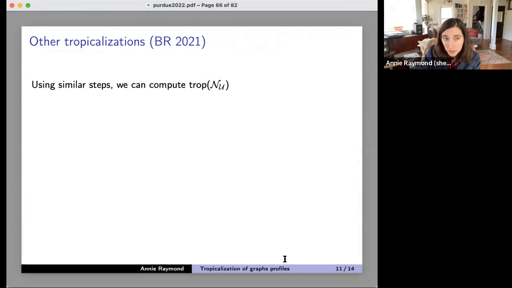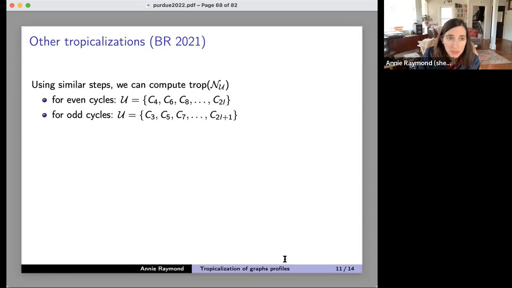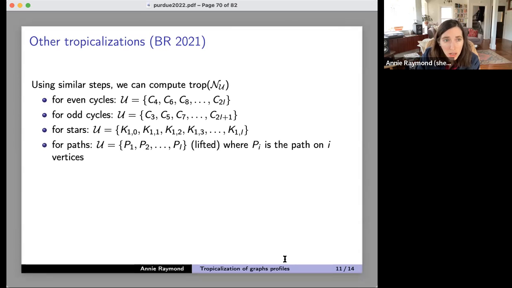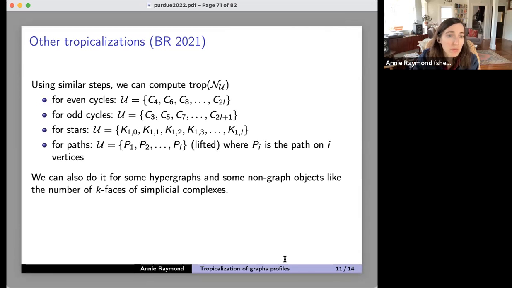So we were able to compute the tropicalization for a few cases besides that. We were able to do it for even cycles, odd cycles, for stars, for paths, and this was definitely the hardest case we've done. We had to have a lifted representation. And I'll say a few words about consequences of paths. We were able to do it for hypergraphs as well, and some non-graph objects like the number of k-faces of simplicial complexes, for matroids.